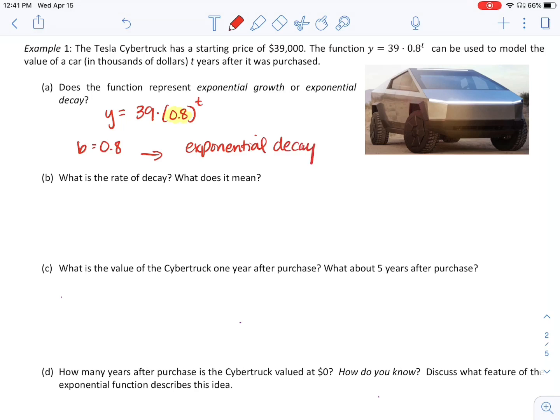What does that mean? That means that every year after I've purchased that Cybertruck, the value of the truck, numerically or cash-wise, is decreasing. It gets less and less valuable as you move through time, which should make sense.